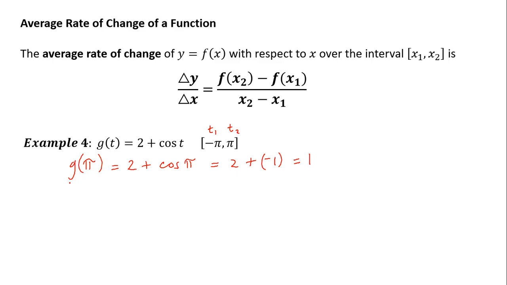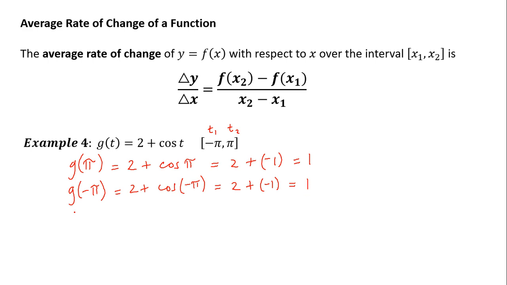And then we have g of t sub 1, or g of negative pi. So we have 2 plus the cosine of negative pi. That's equal to 2 plus negative 1 as well. Again, you can just recall your unit circle to find these values if in case you are not allowed to use a calculator. Okay, so this is also equal to positive 1.